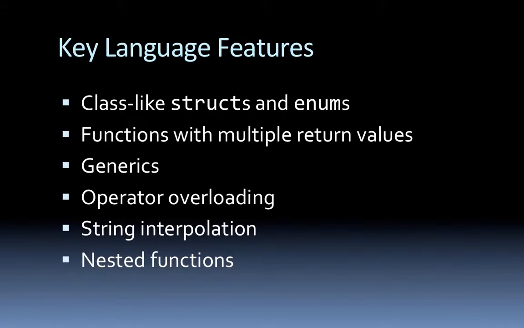For example, if you're creating a new user interface component, you're going to have to inherit from an existing class in the Cocoa or Cocoa Touch frameworks. And one of the key differences between classes and the value types is that classes support inheritance, whereas structs and enums do not.